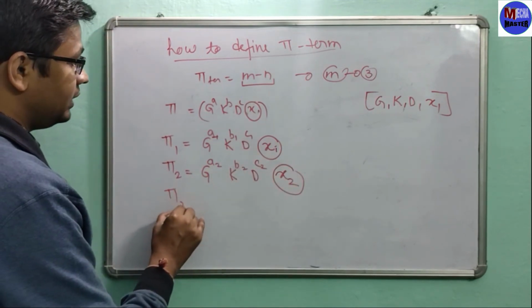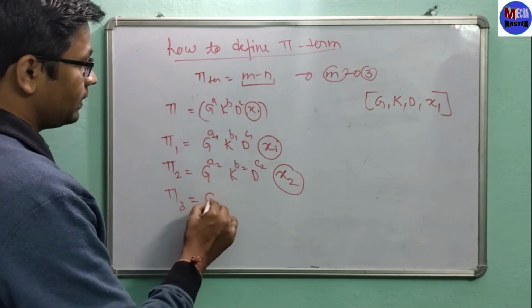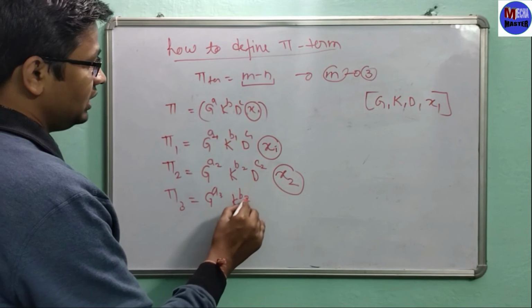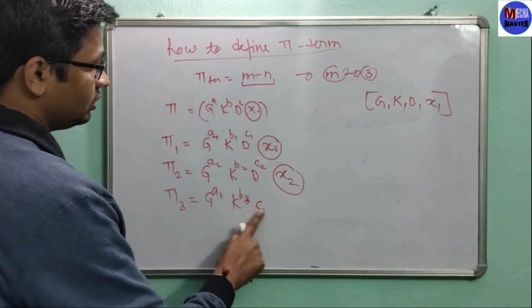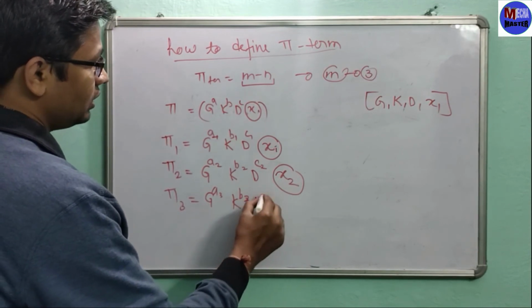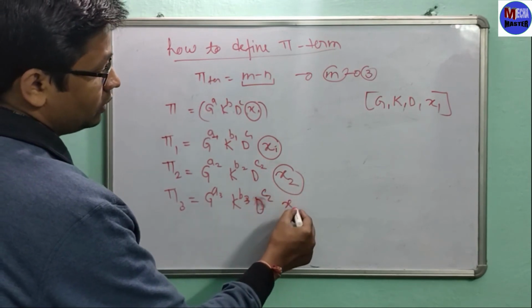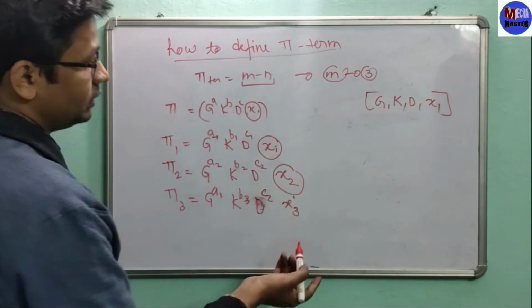What will be the third pi term? The third pi term will be G^A3, K^B3 and D^C3, and the third non-repetitive one, with no power.